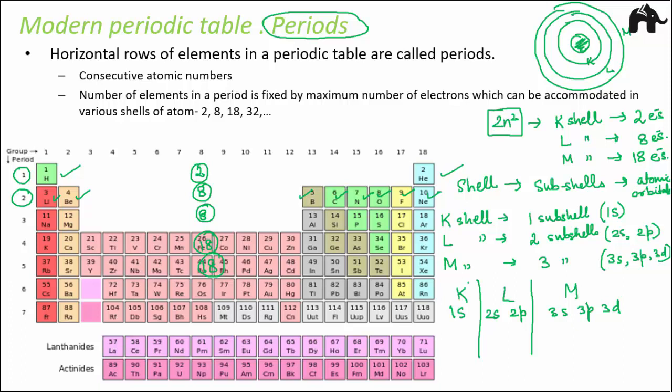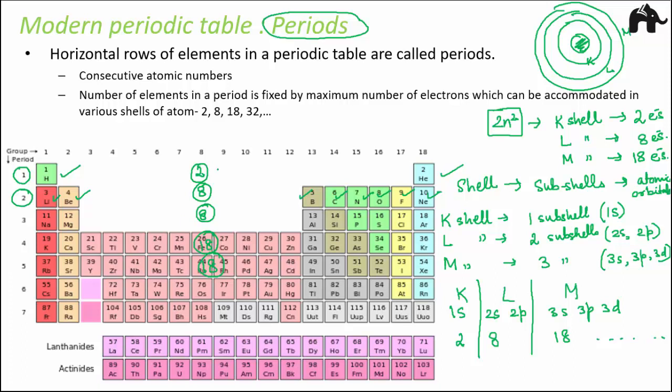Therefore the K shell can have a maximum of 2 electrons. The L shell can have a maximum of 8 electrons. The M shell can have a total of 18 electrons and so on. Correct? So in this fashion, we decide how many electrons can be there in each of the shells.